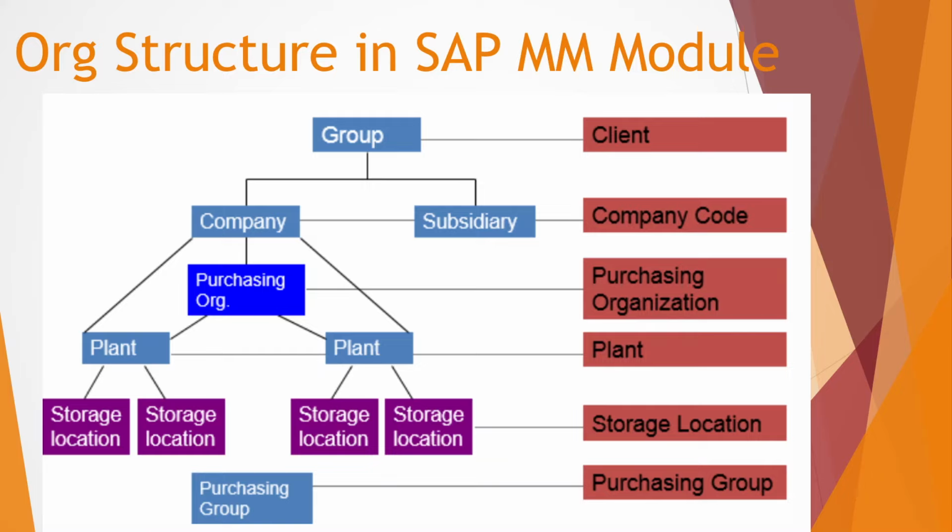Purchasing org can be central, and it can also be for different locations, decentralized and centralized, both kinds of purchasing org you can have. So this can go in different ways. Then you have plant, again very important, and then storage location, purchasing group, and other activities. So this is what your SAP org structure will look like. Let's move further.